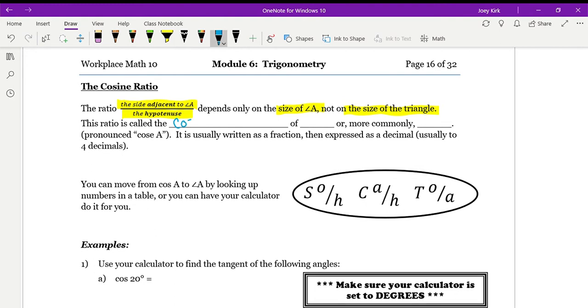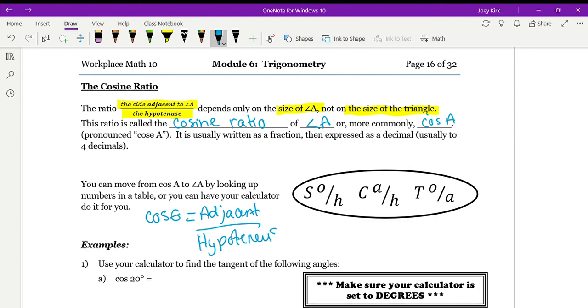So the cosine ratio of angle A, except we're going to just drop the cos and call it cos A. So again, we write it as a fraction, express it as a decimal, but we know that cos of A or cos of theta, in this case, is going to equal the length of the adjacent over the length of the hypotenuse.